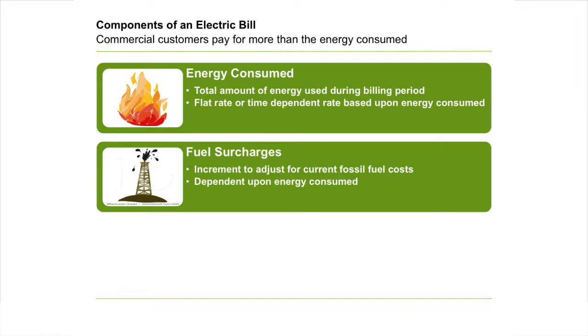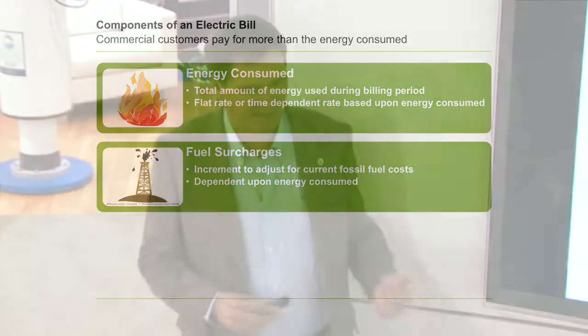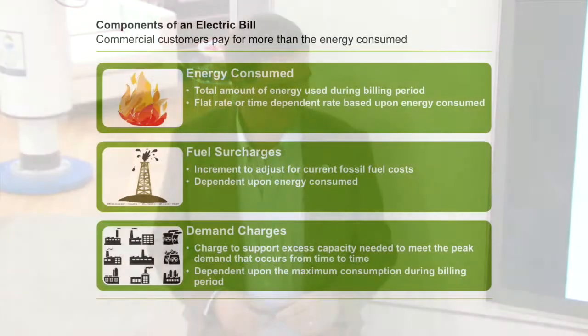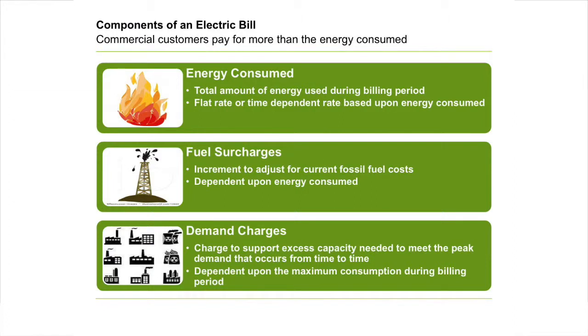If it goes below a certain threshold, they add a negative adjustment. In any case, the amount of adjustment depends on how much you consume. And if energy prices are stable, like they have been for the last couple of years, that adjustment turns out to be zero.